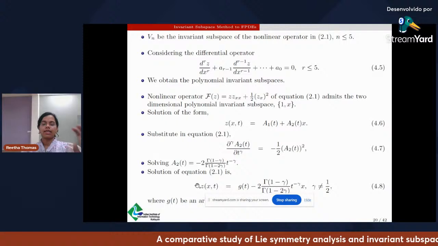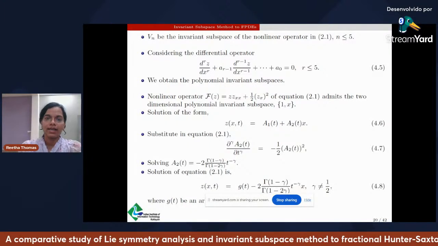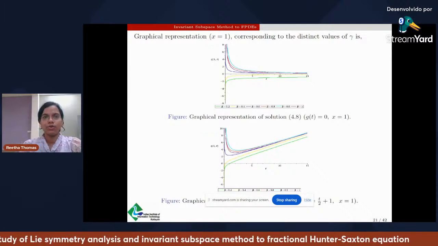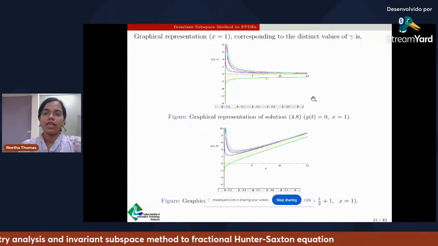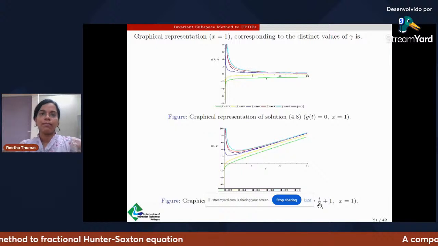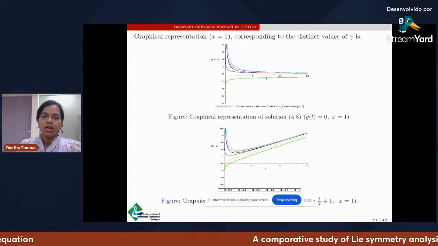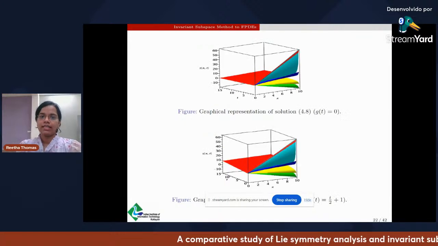This is the exact solution using the two-dimensional invariant subspace 1, x for the fractional Hunter-Saxton equation. And if we put g of t equal to 0 and g of t equal to t by 2 plus 1, the two-dimensional and three-dimensional graphical representations of the solution are as in these figures.